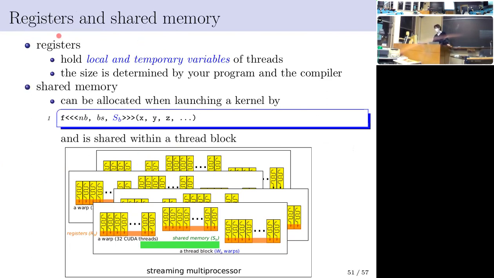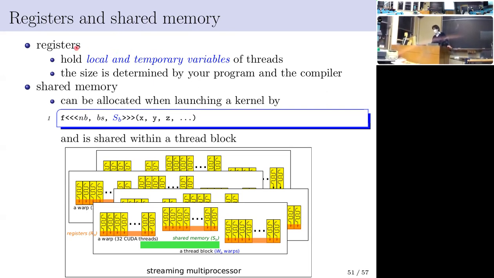So a few words about registers and shared memory, in case you are not very familiar with them. Registers generally hold the local and temporary variables of threads. This is a very common concept in any computer, no matter whether it's GPU or CPUs. You need to remember values in variables, right?